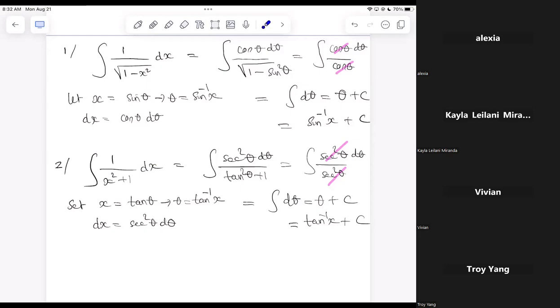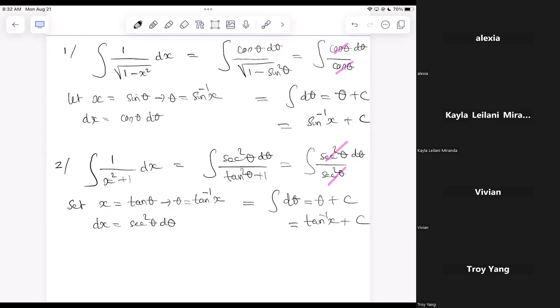The question gives you the variable x, so you cannot give the answer in u or theta. You have to give the answer by variable x. Similar to that, you need to convert back to x. And because x equals tangent theta, theta is equal to tangent inverse of x.